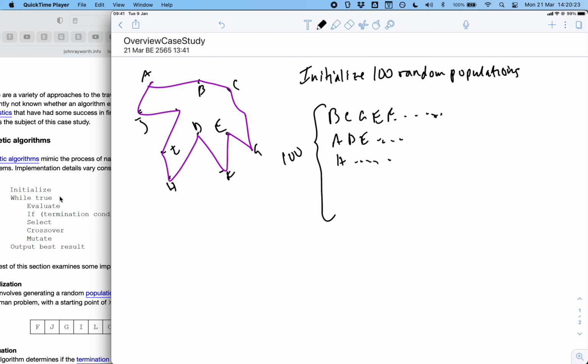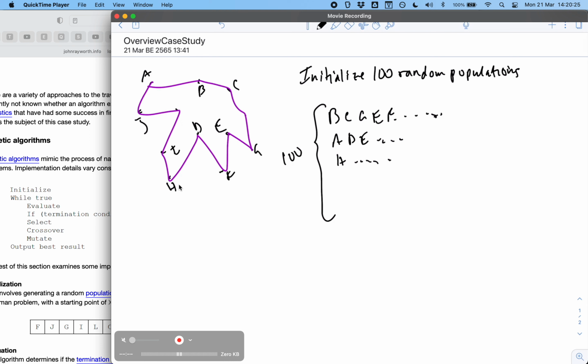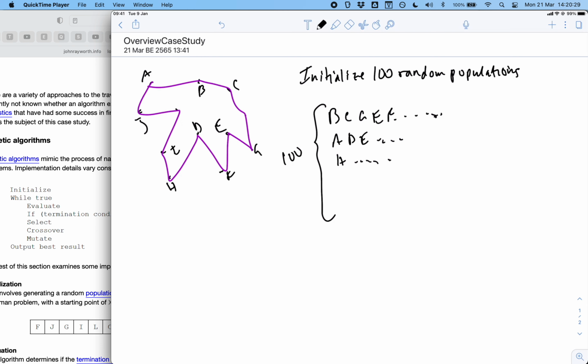We're going to evaluate. And evaluation in this case is pretty easy, because we just add up all the distances using that matrix. And let's just say that this one was 2,500, and this was 3,600, and this was 2,900, whatever. Okay, so we evaluate them. And then usually we're going to rank.